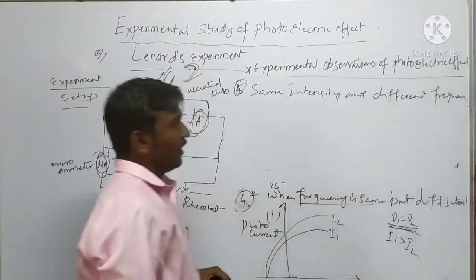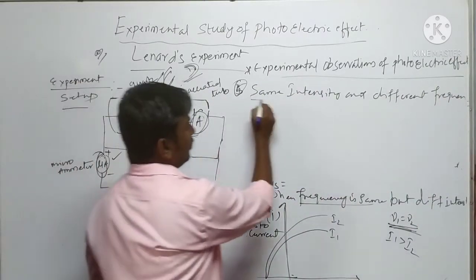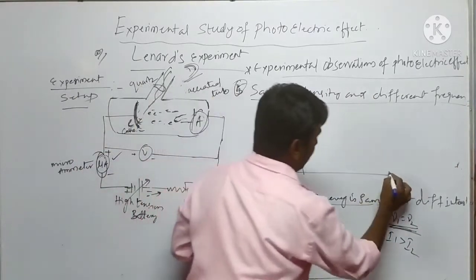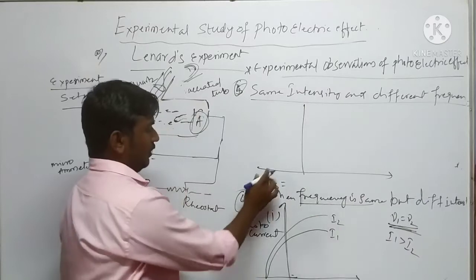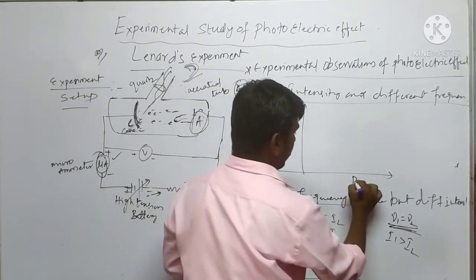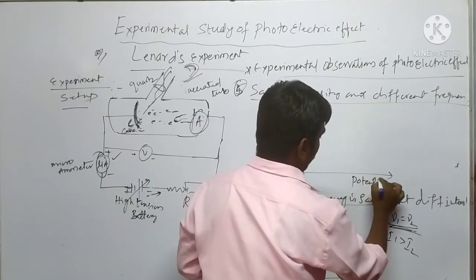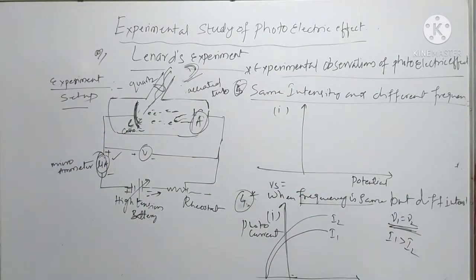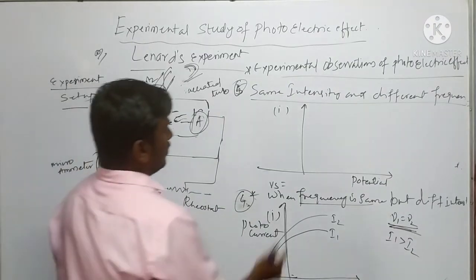So when you study this observation, you may get one graph like this. This is the photo current I versus potential. See here, you may get this, same intensity.